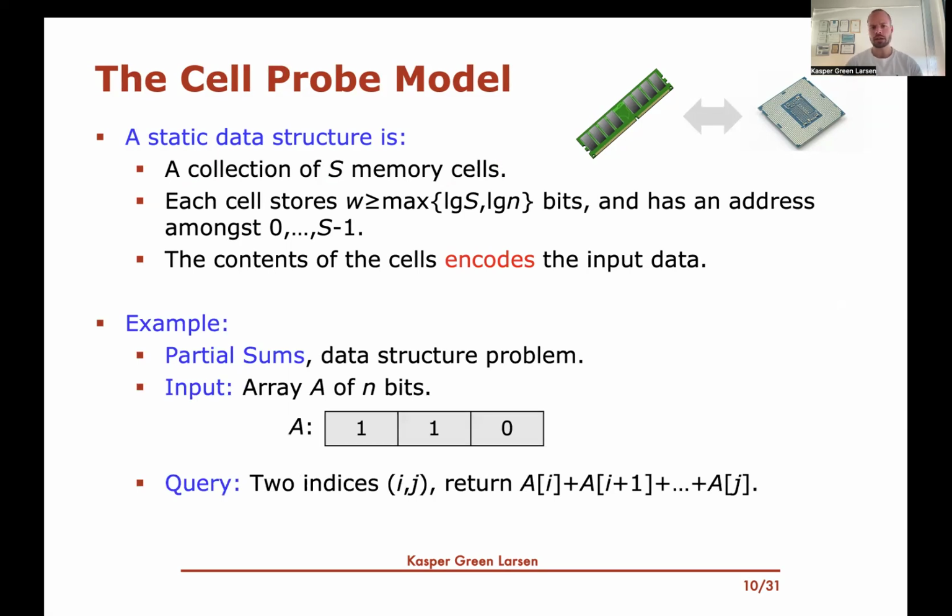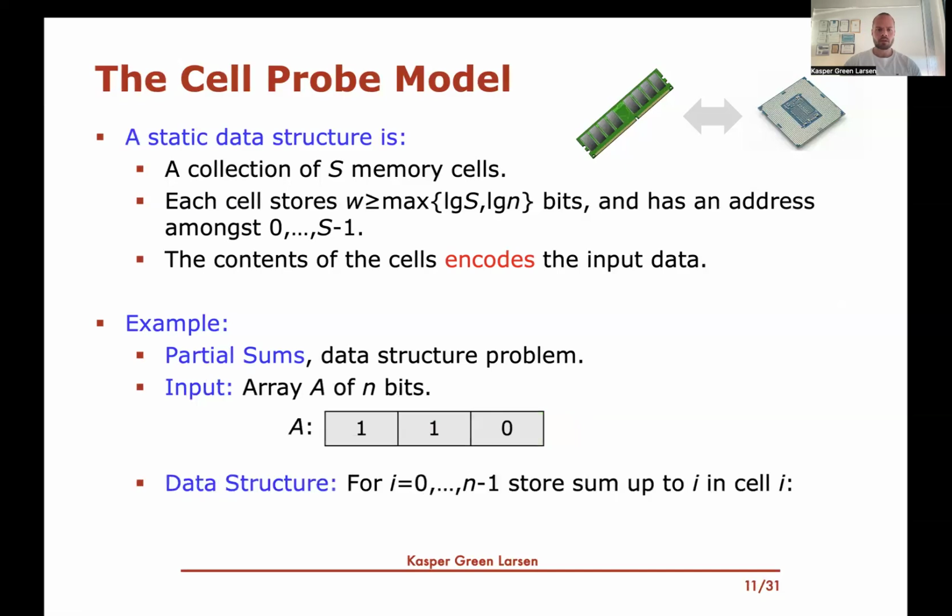The queries we would like to support are: given two indices i and j, return the sum of the bits in the subarray from i to j, so the bits in positions A[i+1] up to A[j]. For instance, a query could ask for the sum of the bits inside this green subarray, which would give the answer 1. It could also ask for the whole array, and the answer would be 2, the sum of the bits.